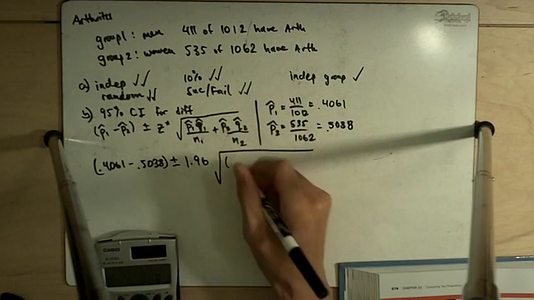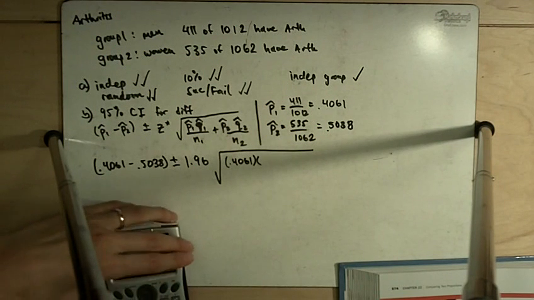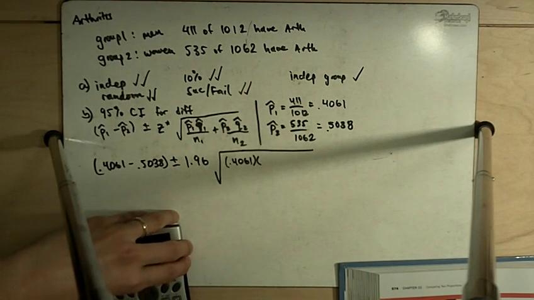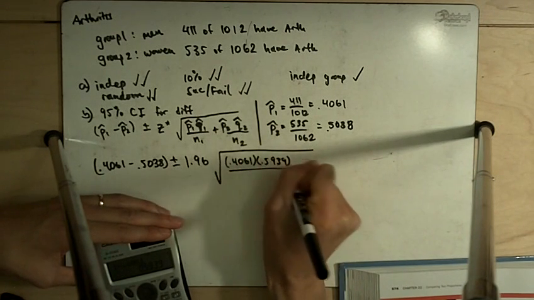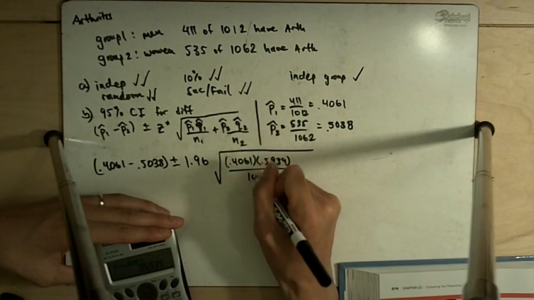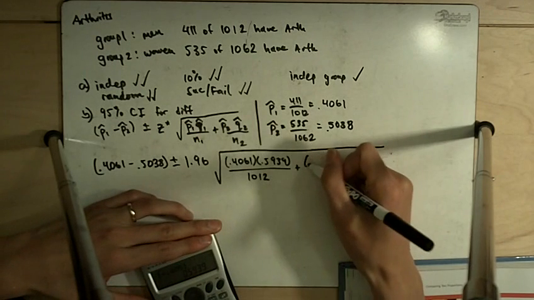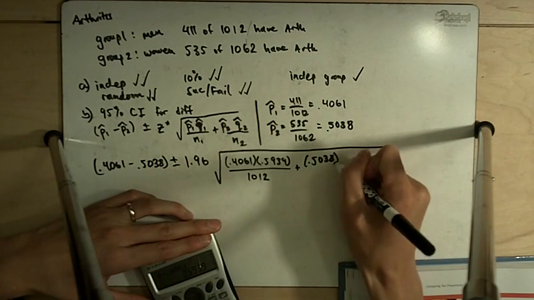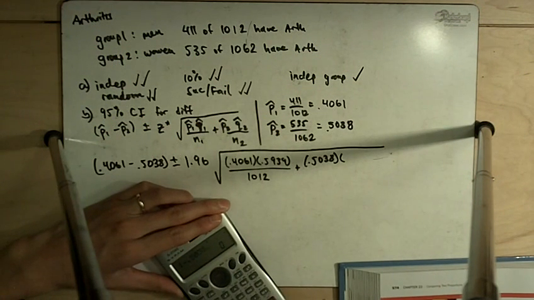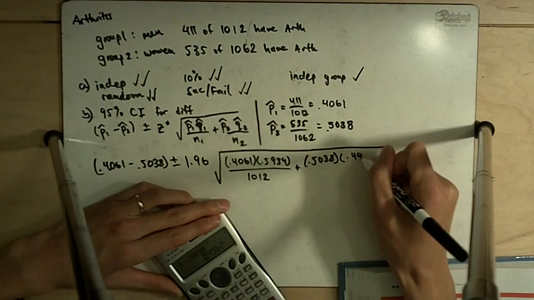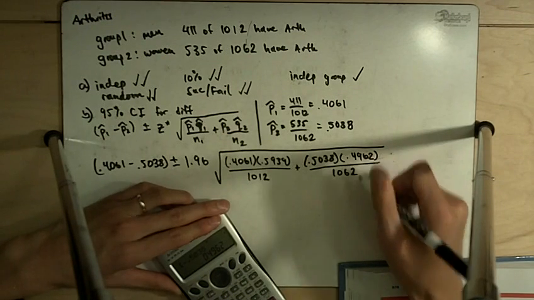And the quantity under the square root is going to be 0.4061 times 1 minus 0.4061, 0.5939, divided by N1, the size of group 1, 1,012, plus 0.5038 times 1 minus 0.5038, 0.4962, divided by 1,062.